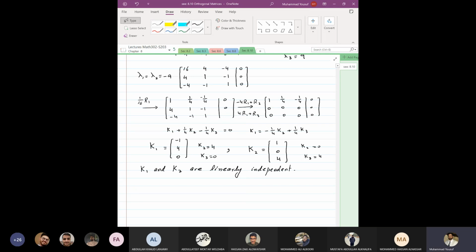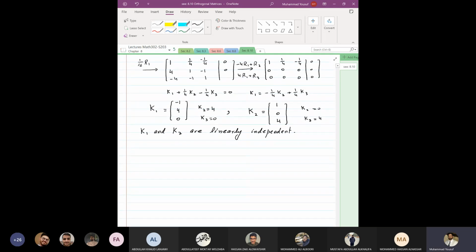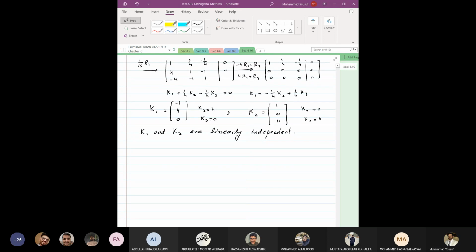These are linearly independent, okay, but they are not orthogonal. All right. So what should we do to get two eigenvectors which are orthogonal?